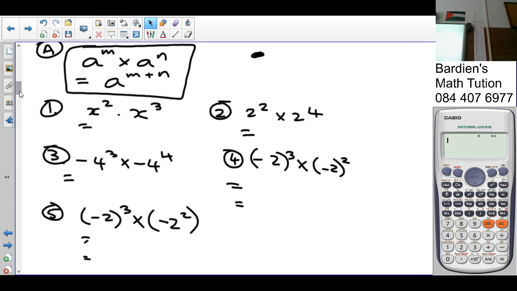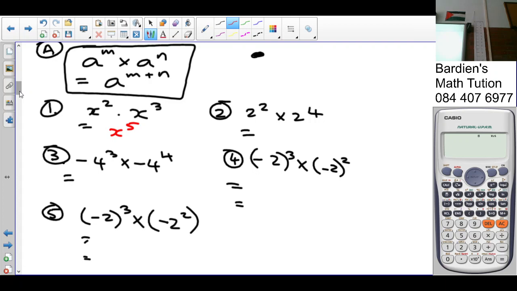Okay. Can I start? At least the first two? Yes? What's x squared times x cubed? X to the 5. Who got a different answer to that?